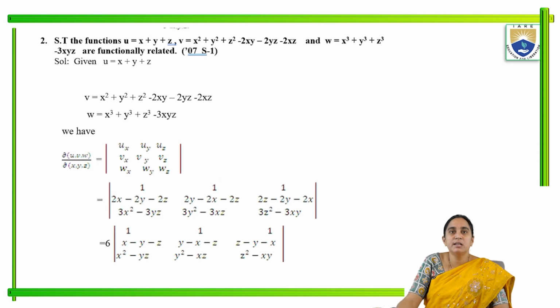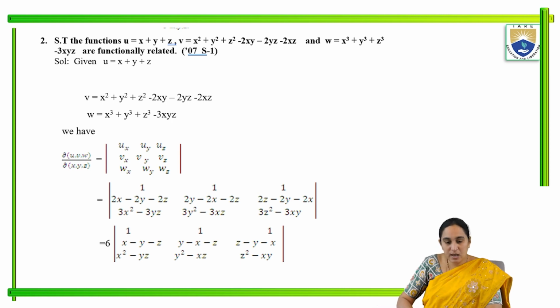Functionally related means if the determinant value is equal to 0, then those functions are functionally related. For that case, here the functions are u is x plus y plus z and v is x square plus y square plus z square minus 2xy minus 2yz minus 2xz, and w is equal to x cube plus y cube plus z cube minus 3xyz.